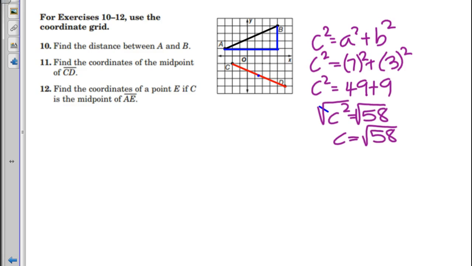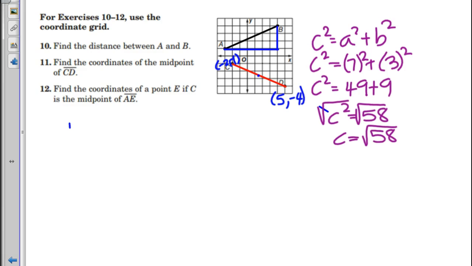All right, so let's go ahead and put the points down. C would be starting at 0, 1, 2 to the left and 1 down, so (-2, -1). And then putting D on here, 1, 2, 3, 4, 5 across, and 1, 2, 3, 4 down, so (5, -4). All right, so I have (-2, -1) and (5, -4).